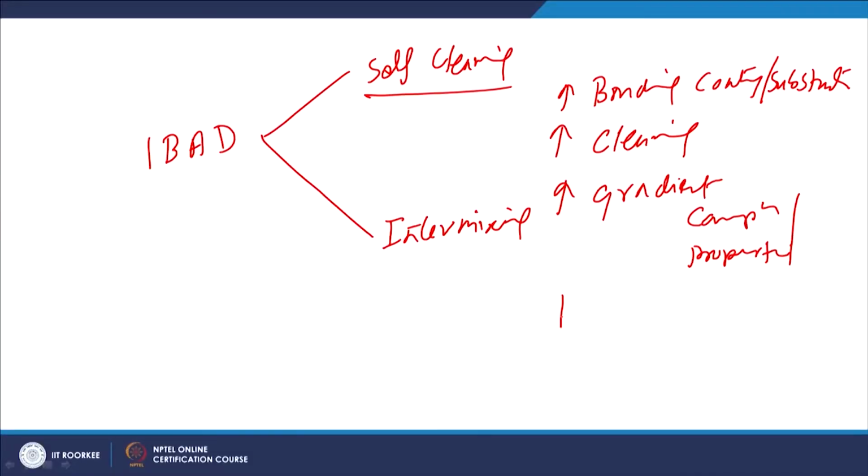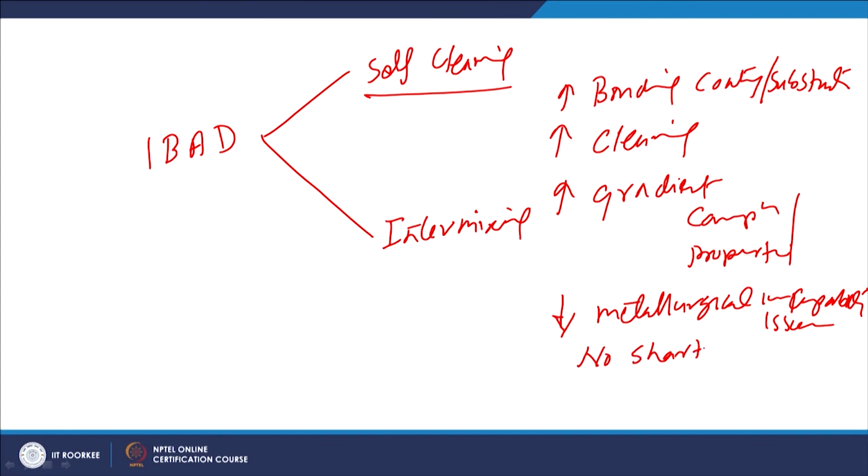And because of the very good intermixing, we get reduced metallurgical incompatibility issues. The metallurgical incompatibility issue is reduced primarily because there is no sharp gradient, no sharp interface, while proper intermixing and a very good gradient with respect to the composition and the properties exist.